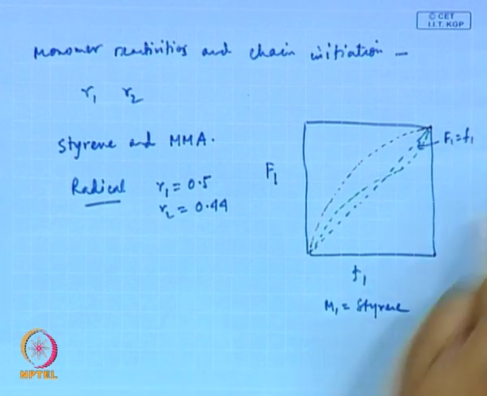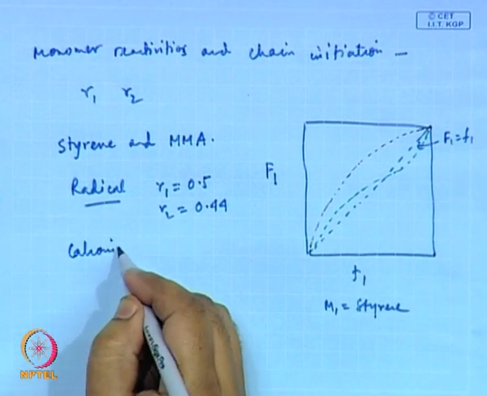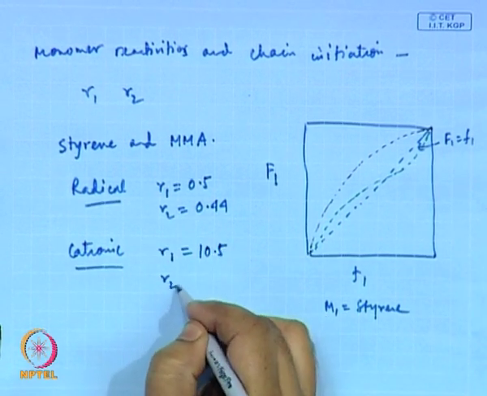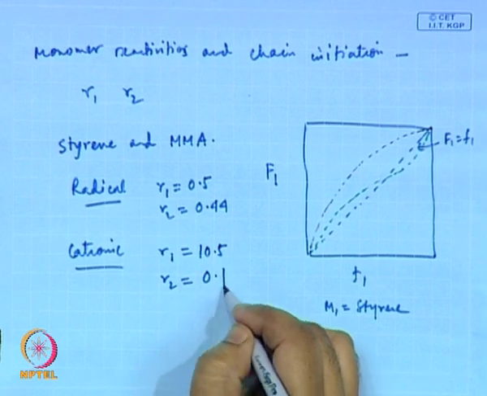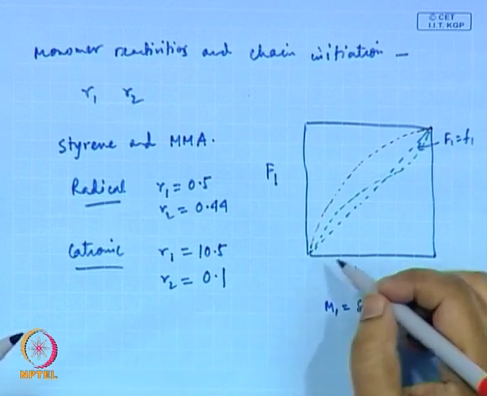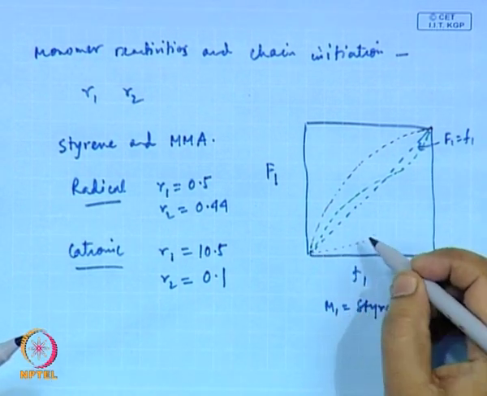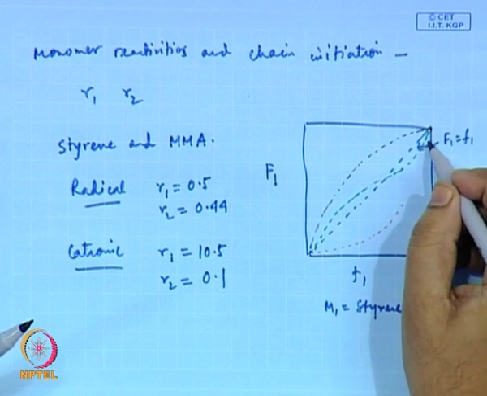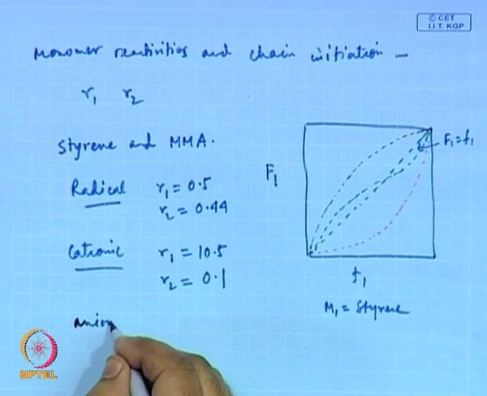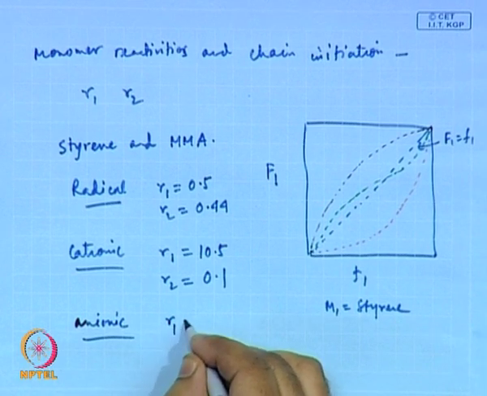In case of cationic, R1 is 10.5 and R2 is 0.1, and in case of anionic you get the other way around, because in case of anionic the reactivity of methyl methacrylate is much faster compared to styrene.